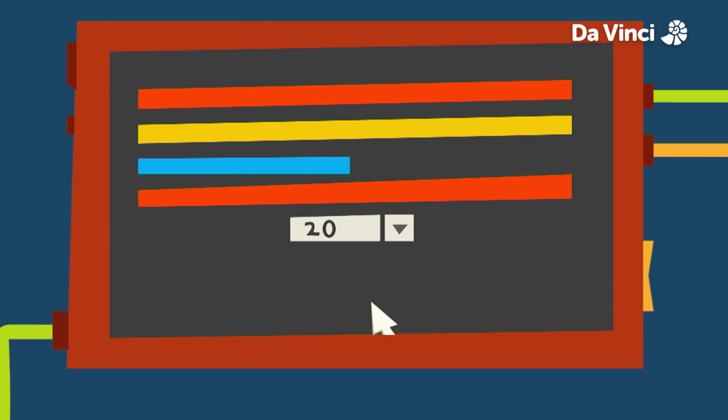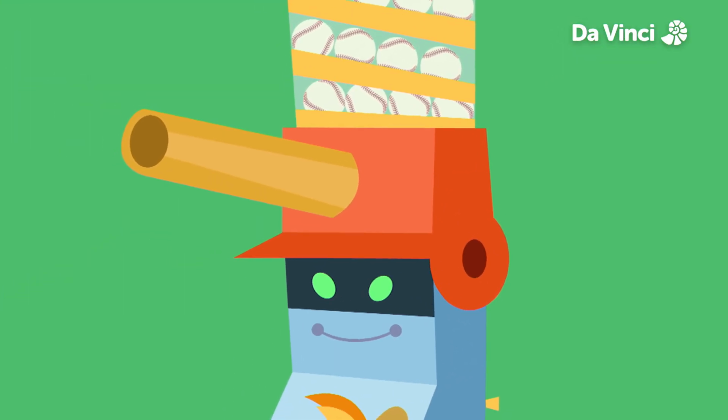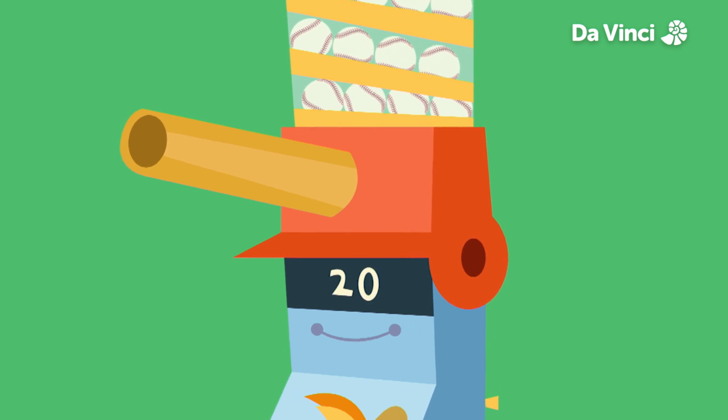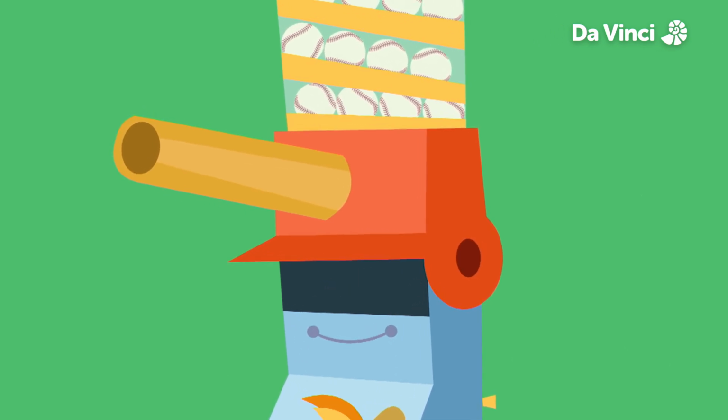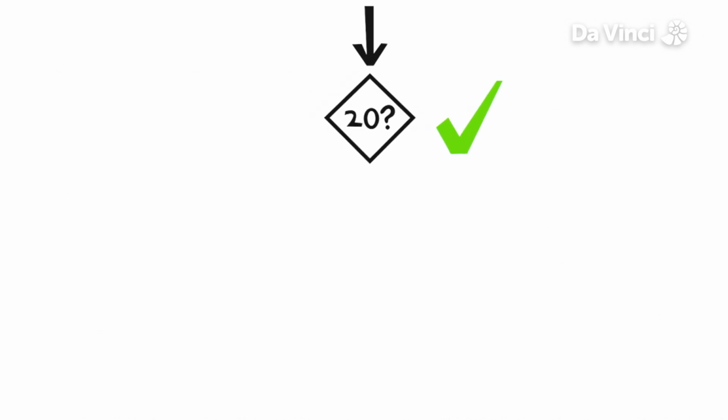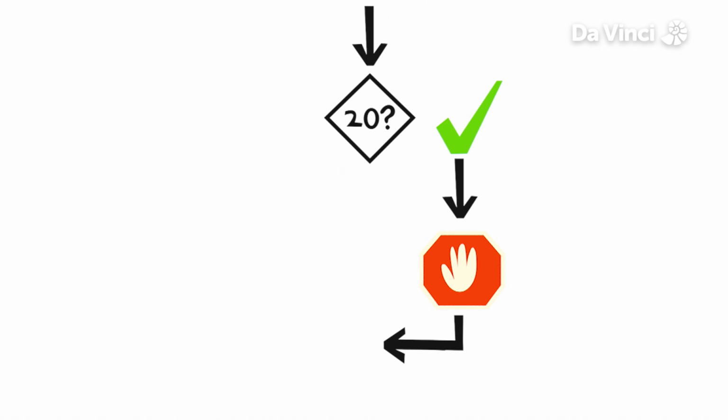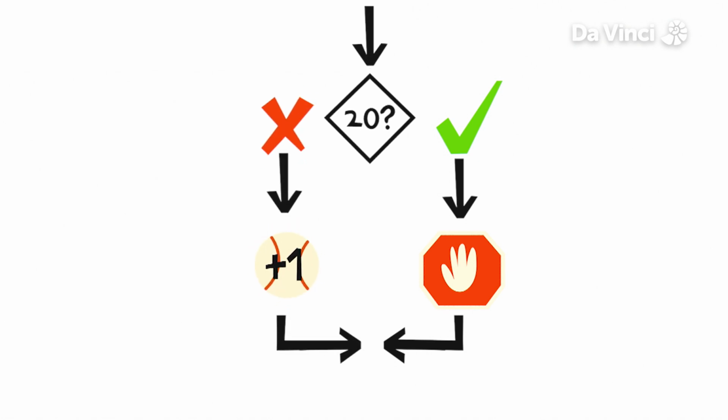We would use a conditional statement to tell the computer to execute the loop 20 times, but not 21. A conditional statement is usually a small equation, like if A is greater than B, then stop. We would call this an if-then statement. If the number of pitches thrown is less than 20, then pitch one more time.